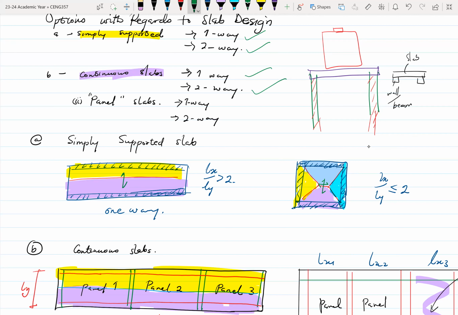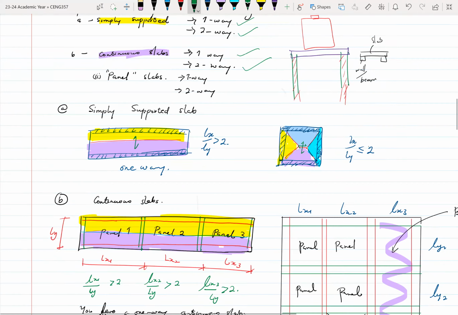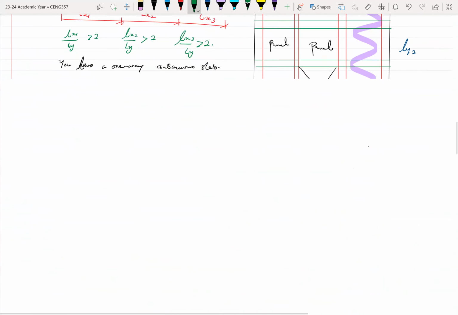We'll try and solve some examples to see how all of these things tie in, and then how the rebar arrangement is done. So that's what we looked at last week.